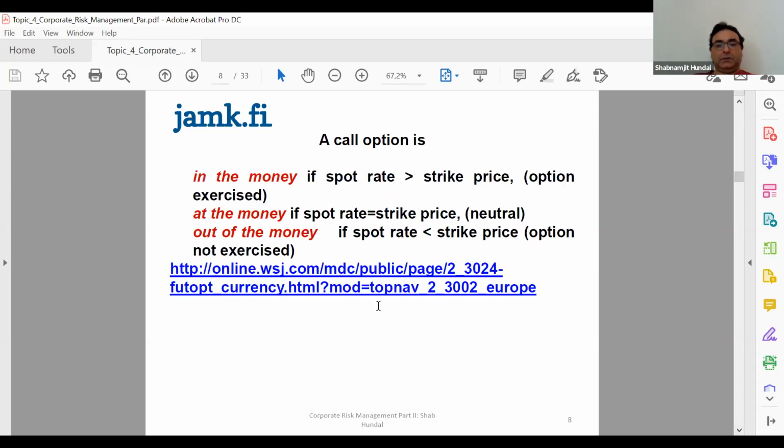Okay, and this is what I just wrote: in the money option, at the money option, and out of the money option, when the option is not exercised. So this is basically everything about the call option.